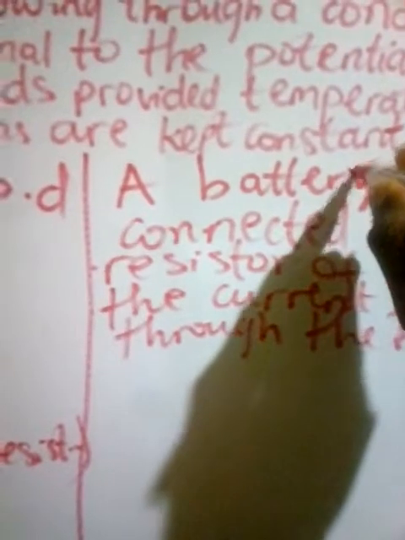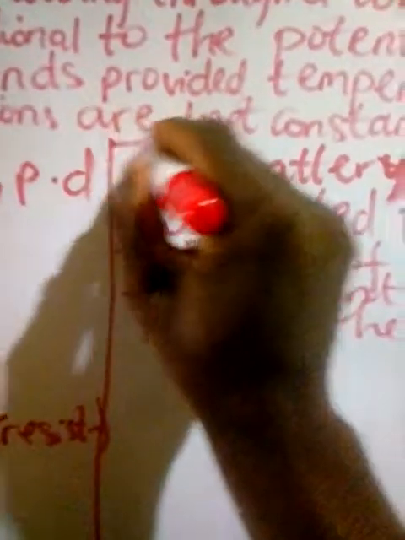As simple as this looks, it is advisable that you understand what you are asked to do. Good. Now we already have our voltage as 3 volts and our resistance as 10 ohms.